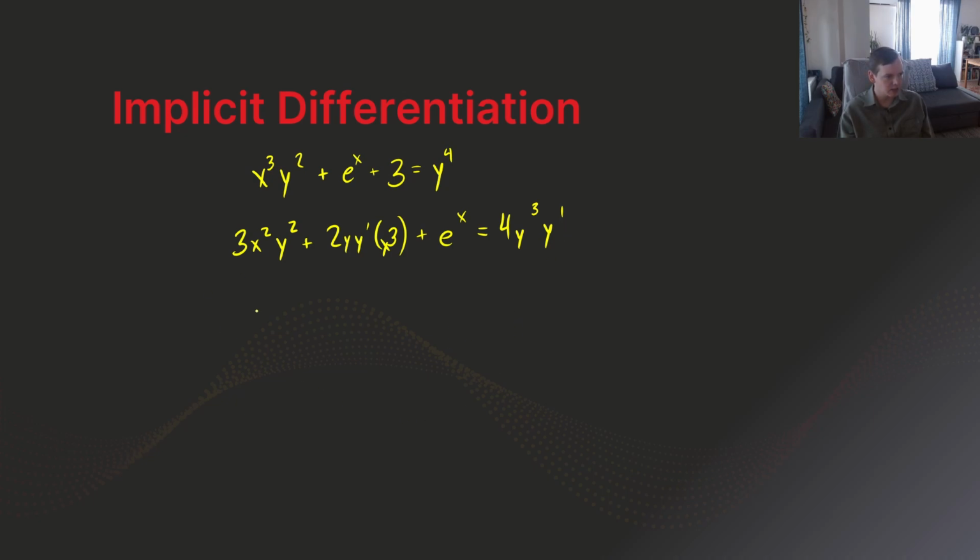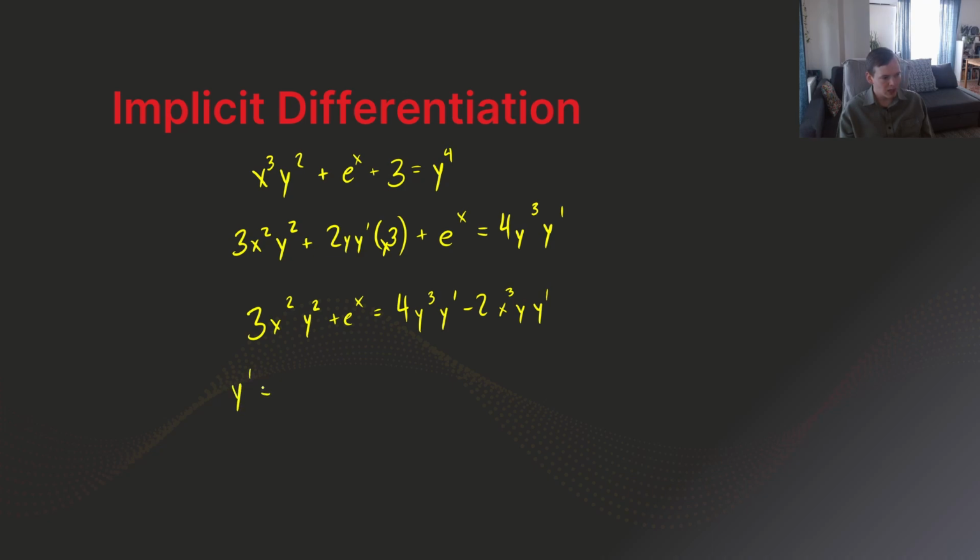Now I need to isolate the y prime. Let's do that on the right side. So 3x squared y squared plus e to the x is equal to 4y cubed y prime minus 2x cubed y prime.